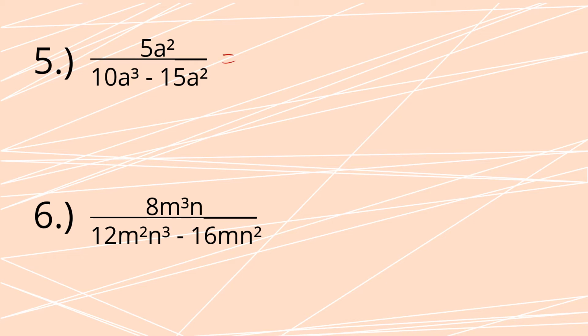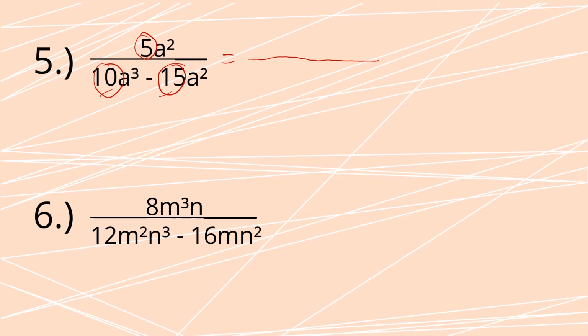What you need to do first is to look at the numerical coefficients of all the terms on the numerator and the denominator. So all the numerical coefficients, we have 5 on the numerator and 10, 15 on the denominator. So what is the greatest common factor among those numbers?